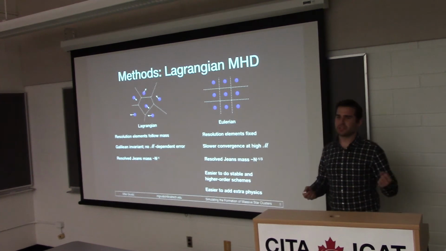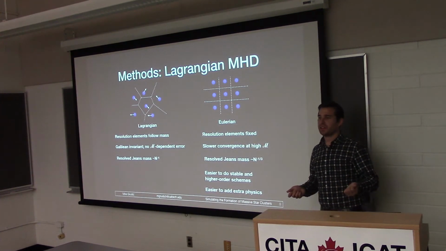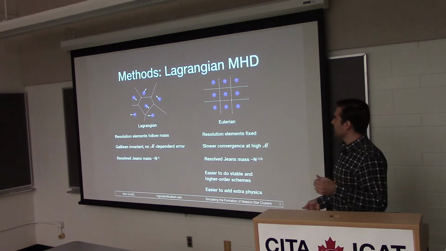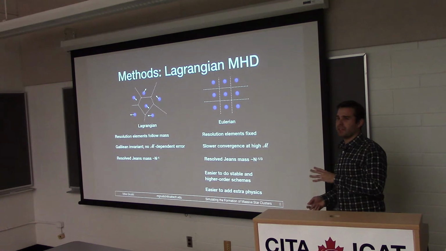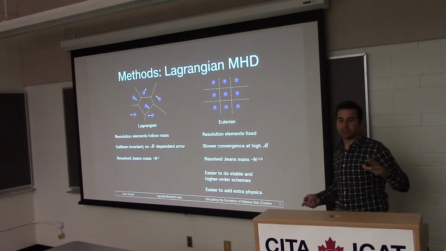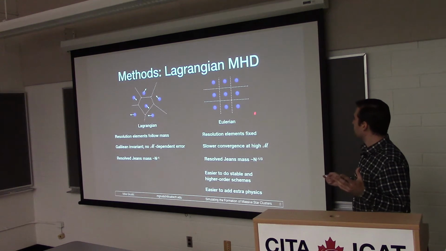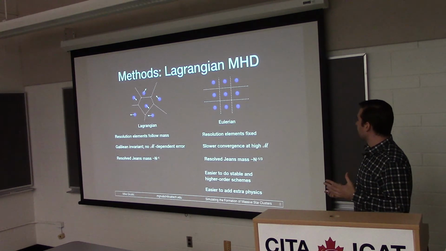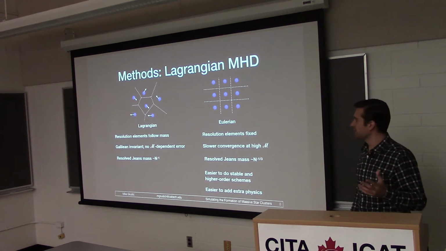The canonical Mach number of a GMC in the Milky Way is something like 30. These Lagrangian schemes are Galilean invariant, which means you don't have error terms that grow at greater Mach numbers. Whereas grid codes tend to have slower convergence at high Mach numbers, so you need to run a bigger simulation to get the same accuracy.